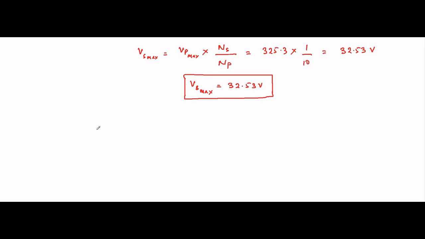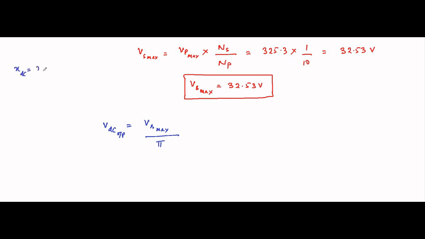And we know the DC output or any average value or DC value is given by Vs max by pi.